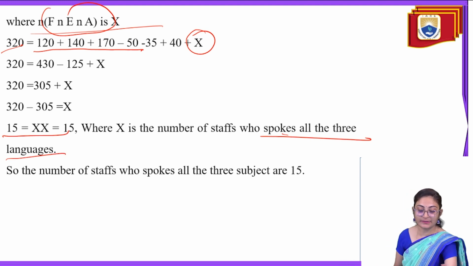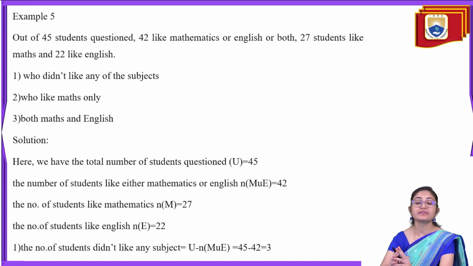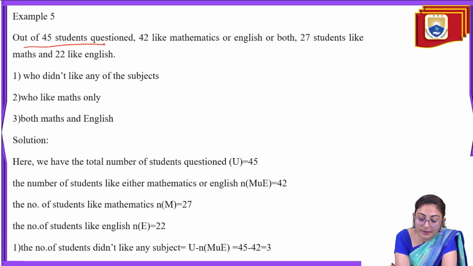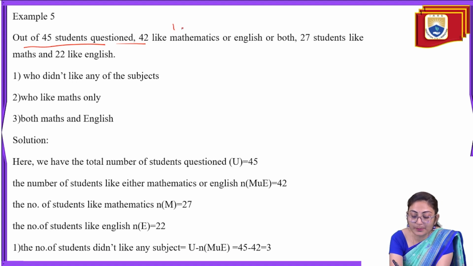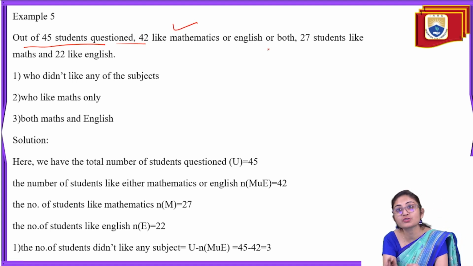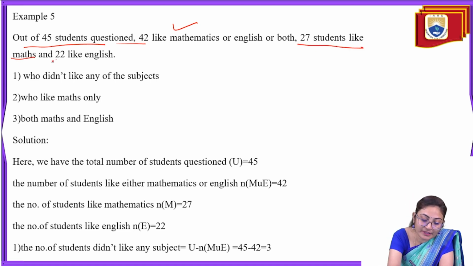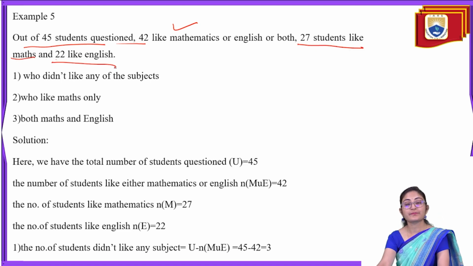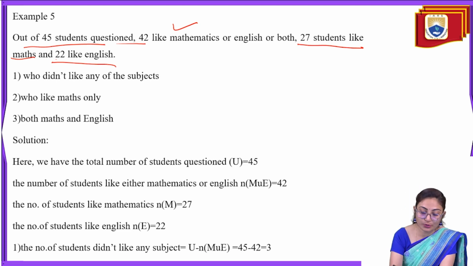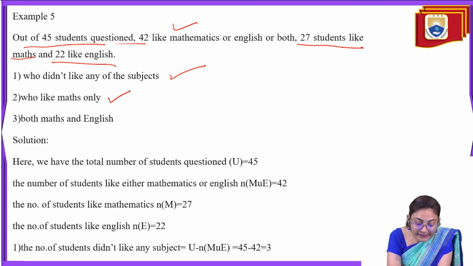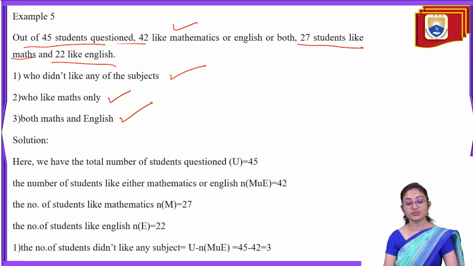All the three languages. Now next question is that out of 45 students, 42 like mathematics or English or both. 27 students like maths, 22 students like English. Now you have to find out who didn't like any of the subject, who like maths only, and both maths and the English.